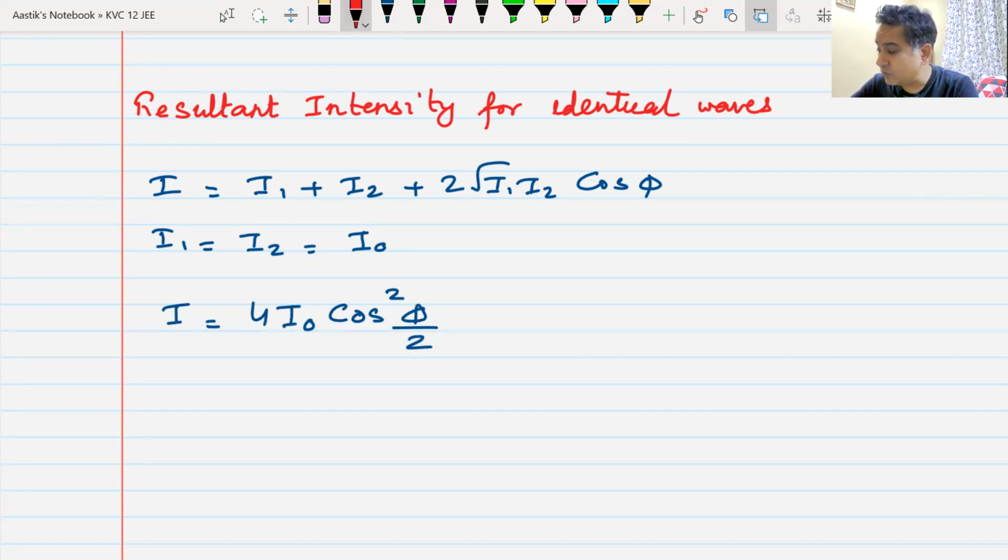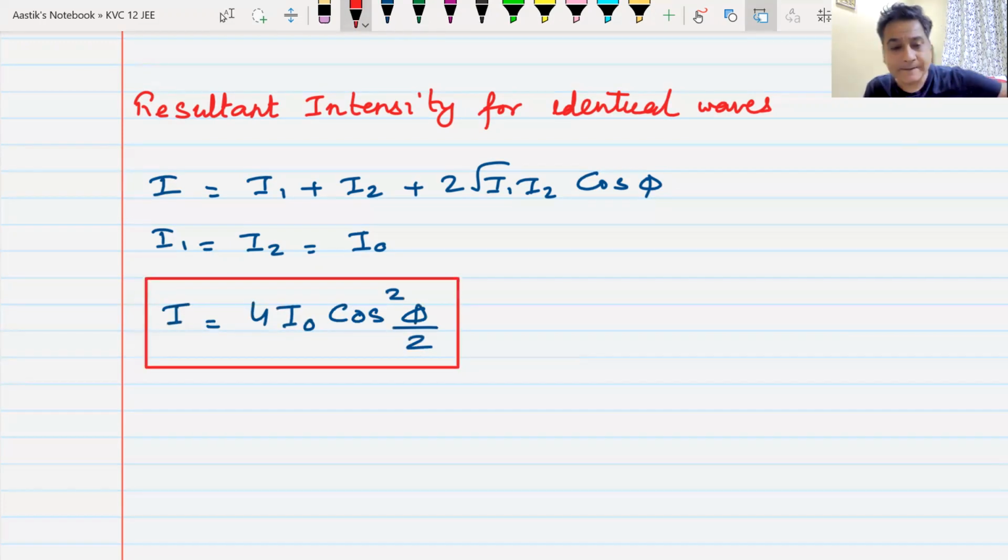It has got nothing to do with physics. It is all a mathematical calculation and conversion from cos phi to cos phi by 2. I will not go into the details of this. I will just write it as it is. This is the formula that you must remember for identical waves. Now, if you put phi as 0, you will get 4I0.